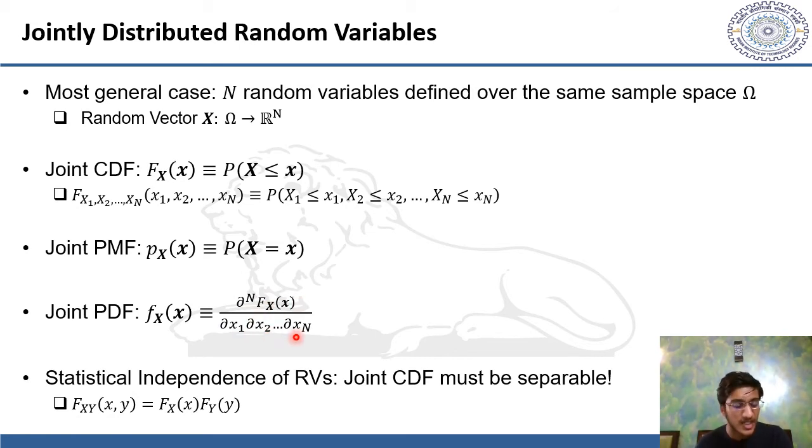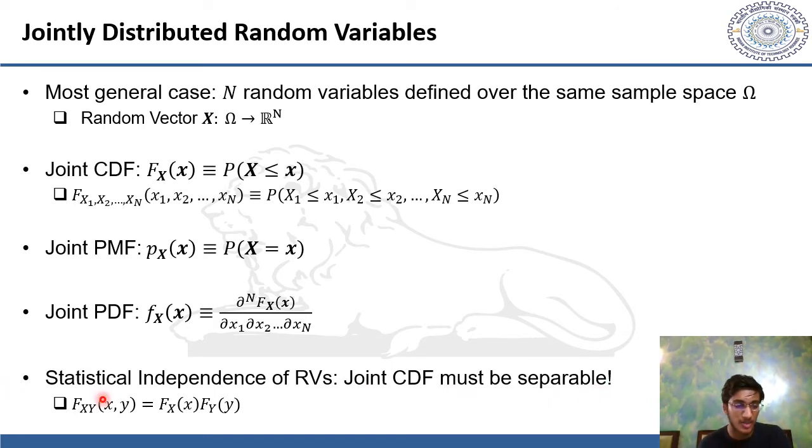forth till xn. And another important concept which we often talk about in statistical signal processing is statistical independence of random variables. Essentially, two random variables are considered to be statistically independent, and this in fact holds true for the case of n random variables as well, if their joint CDF is separable.